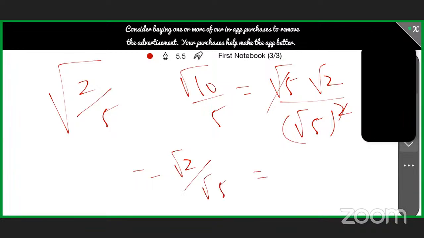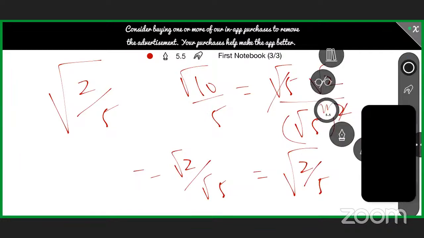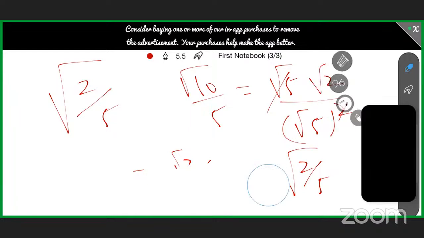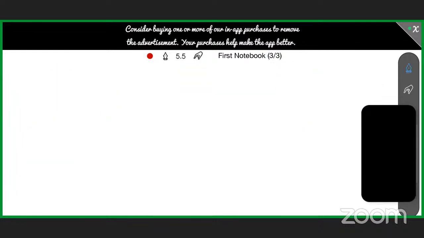That can be written as root of 2 by 5. Do you understand how we are getting option D? Yes, sir. So this is why rationalizing is very important, because sometimes even after knowing the answer we may go wrong because of our simplifications. Okay, next question we'll do.